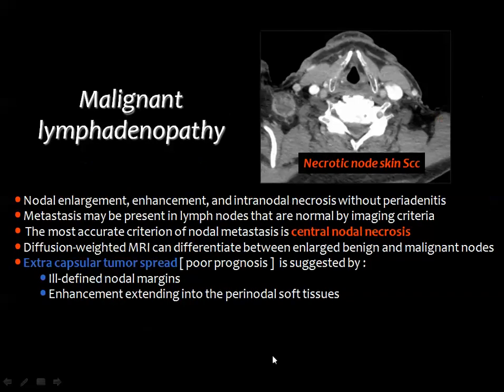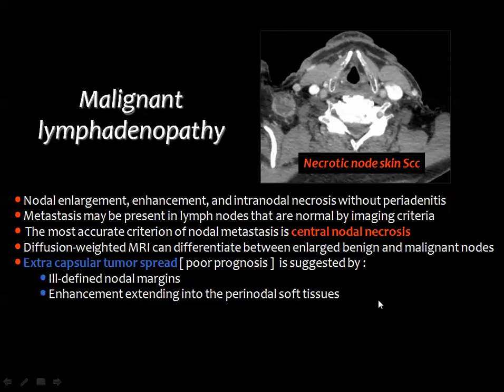On CT, the best diagnostic criterion for metastatic nodes is the presence of central areas of necrosis. And at that time, you may be confused by nodes that show central areas of necrosis, and these are the inflammatory nodes due to bacterial and TB lymphadenopathy.